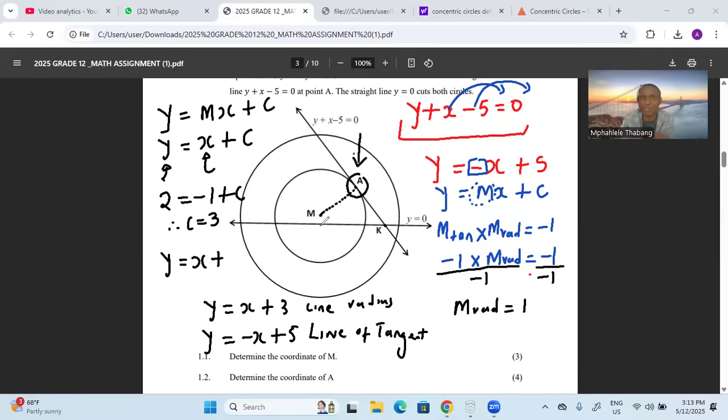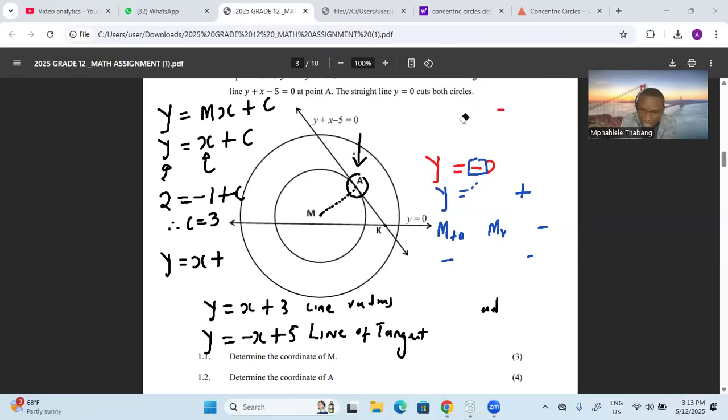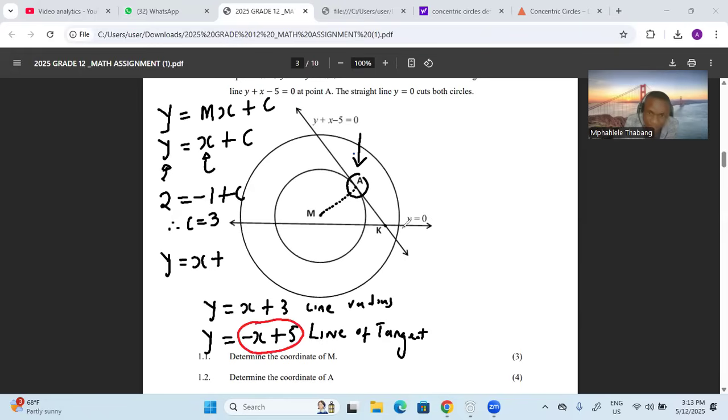If you are looking for the point of intersection, you just equate those two functions that intersect. So I'm going to say minus x plus 5 equals x plus 3.